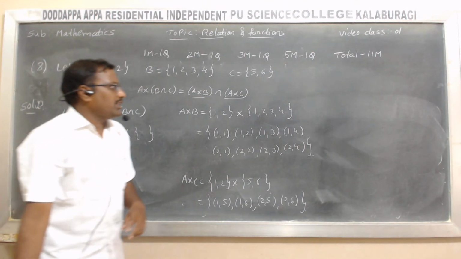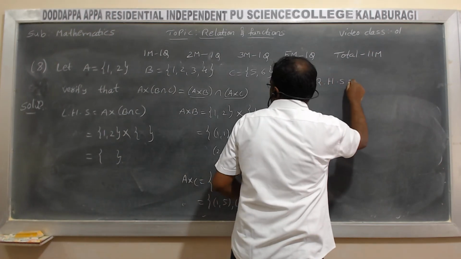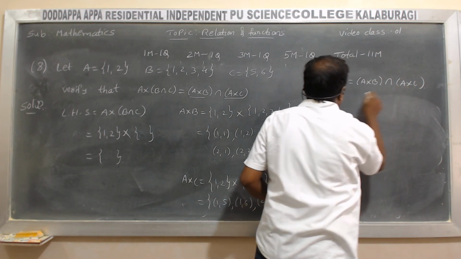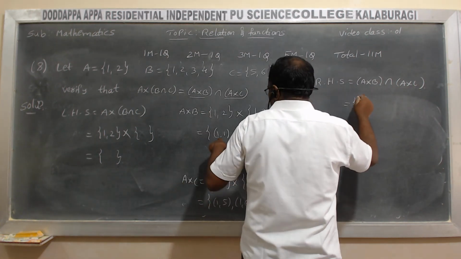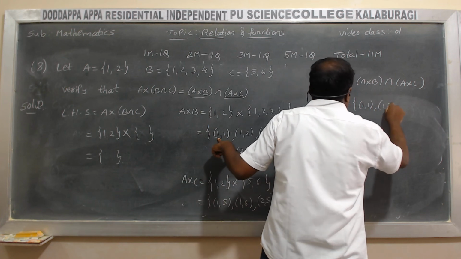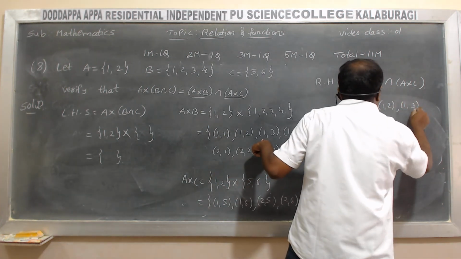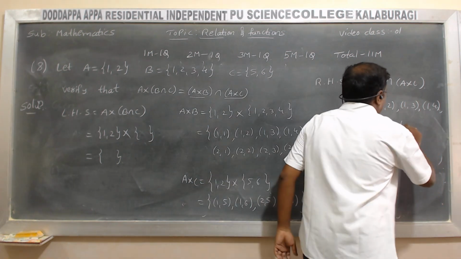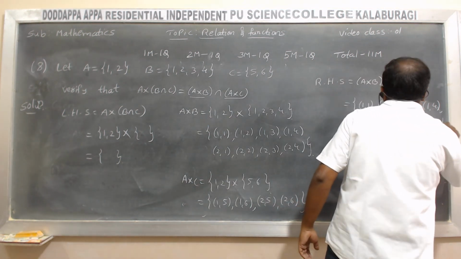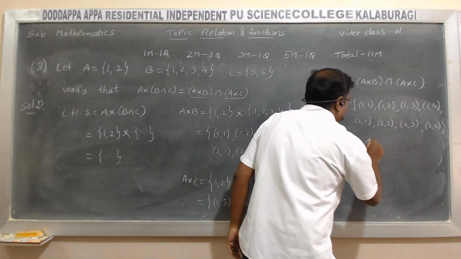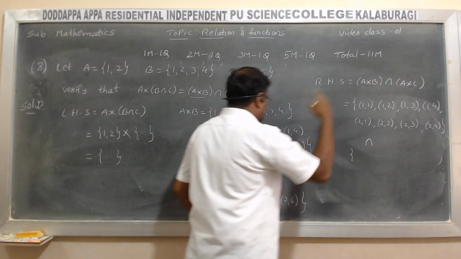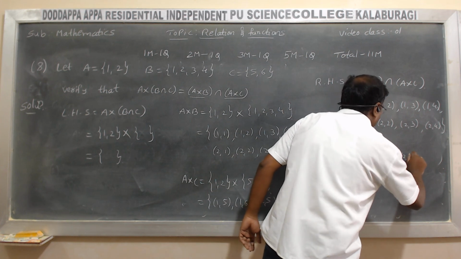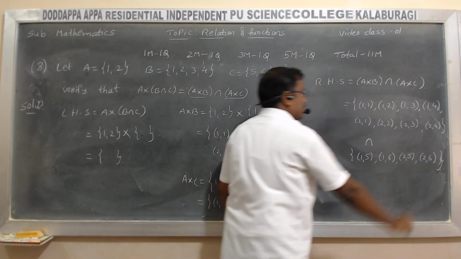Okay. Now you can find the RHS value. What is given? RHS is equal to A cross B intersection A cross C. So A cross B is the set {(1,1), (1,2), (1,3), (1,4), (2,1), (2,2), (2,3), (2,4)}, intersection with A cross C, where we get (1,5), (1,6), (2,5), (2,6).